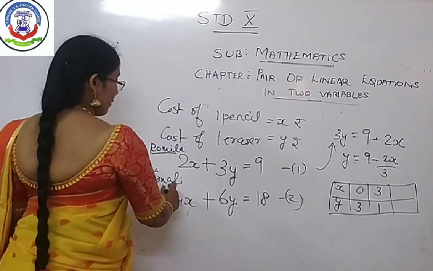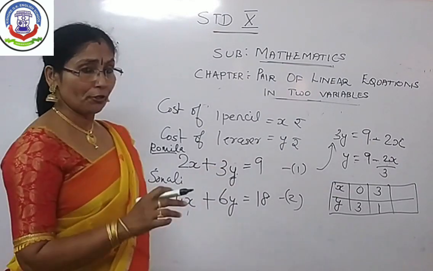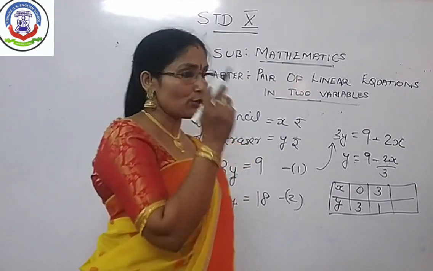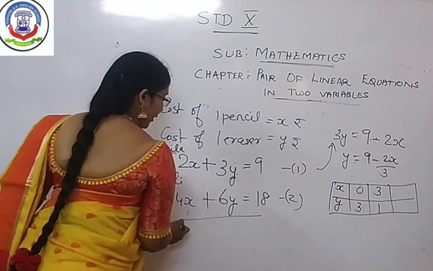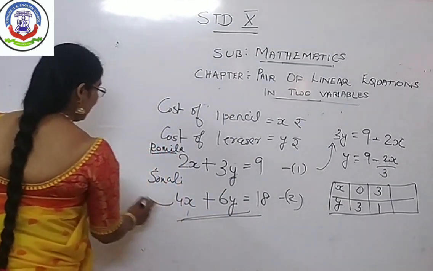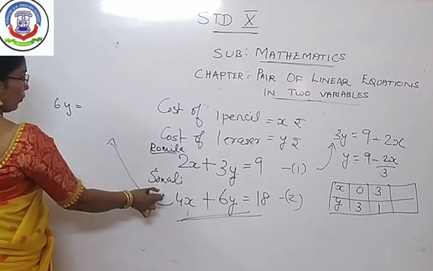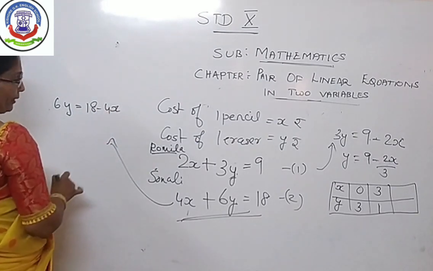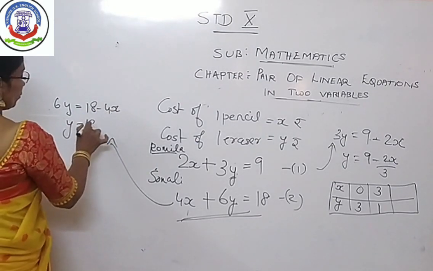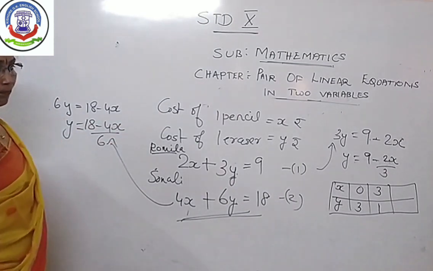Same way, 4x plus 6y equal to 18. You have to find definitely the solutions for that also. Here also, you are going to change this equation into y-intercept form. That means 6y is equal to 18 minus 4x. So y is equal to (18 minus 4x) by 6.